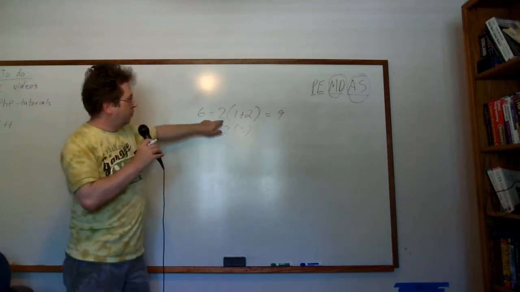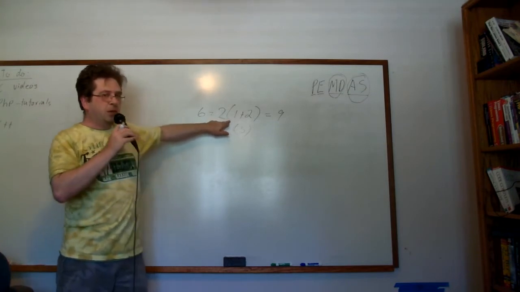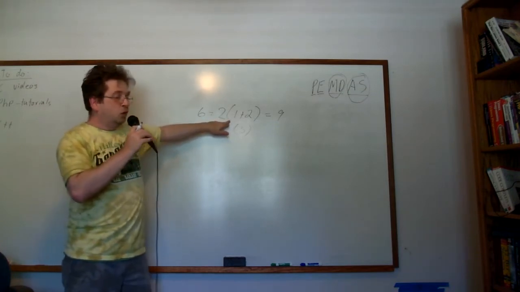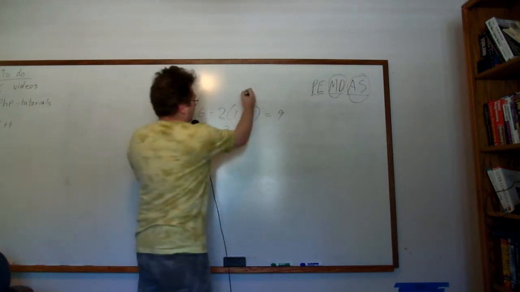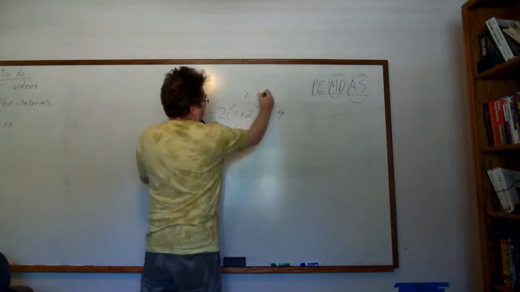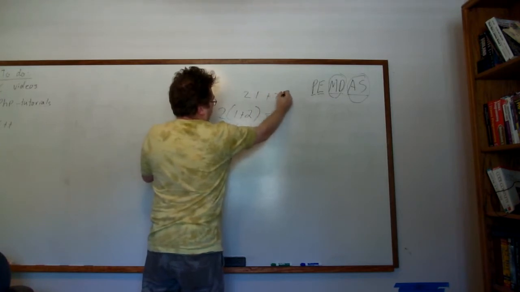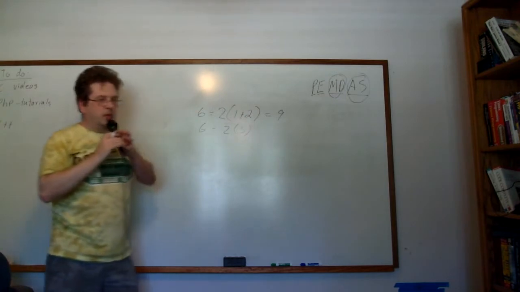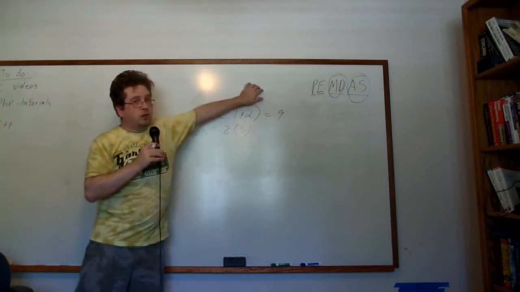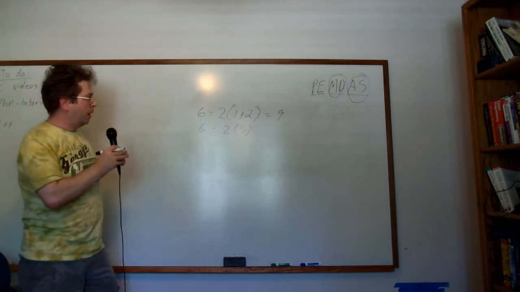This 2 comes down from up here with these parentheses, because it's a shorthand way of writing 2 times 1 plus 2 times 2. Now, that's still going to be wrong as far as up here, so don't do that. I'm going to show you why in a second.